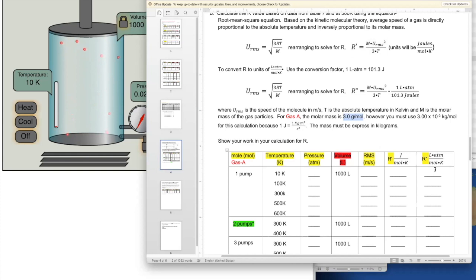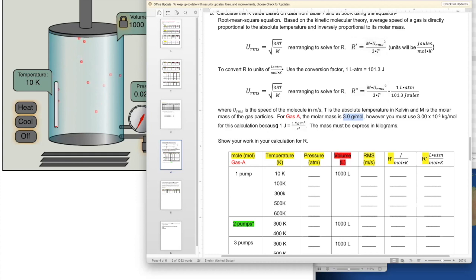What is R double prime? It's going to be this equation right here. The difference between these two equations is that R is the universal gas law constant with different units. For R prime, you use 3 times 10 to the minus 3 kilograms per mole to calculate that value. The URMS is found in the simulator.